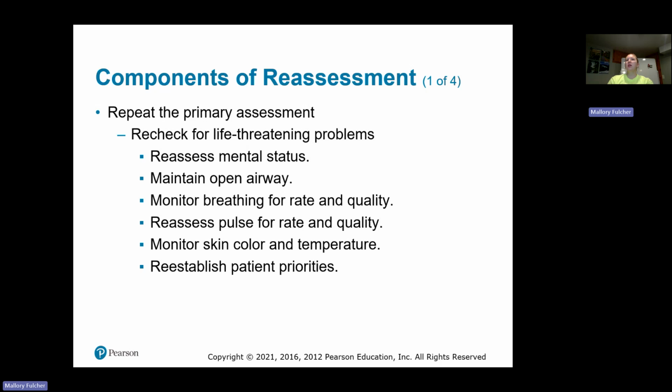We always want to reassess for life-threatening problems, of course. That's our airway, breathing, circulation, altered mental status, or where their mental status is at. If we do happen to have a patient that is altered, now we've talked about this last week as well, but not only asking, oh hey, are you alert, but also asking, where are you at? What's your name? What's going on?